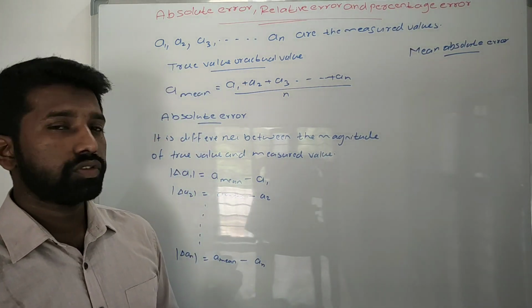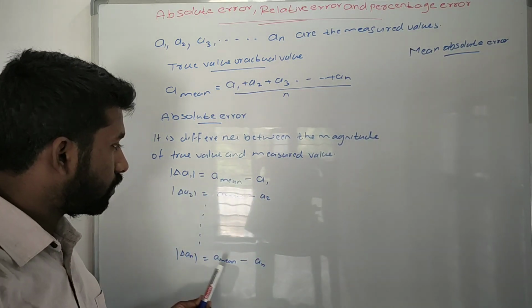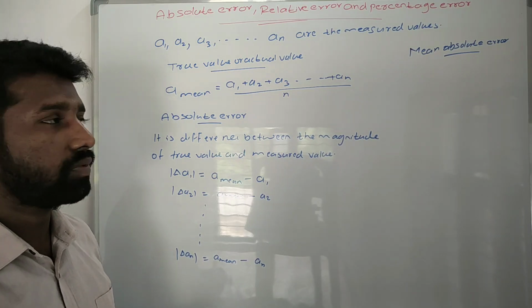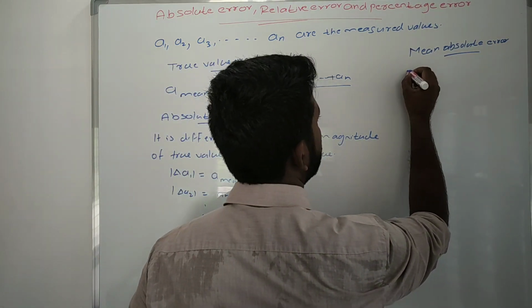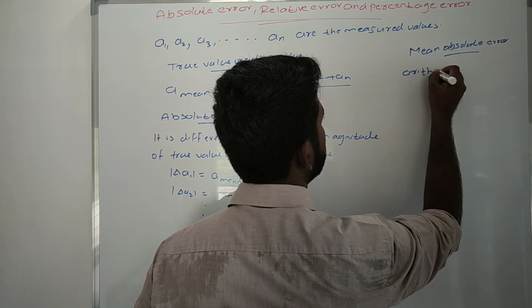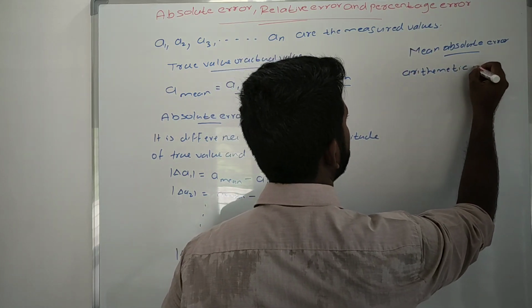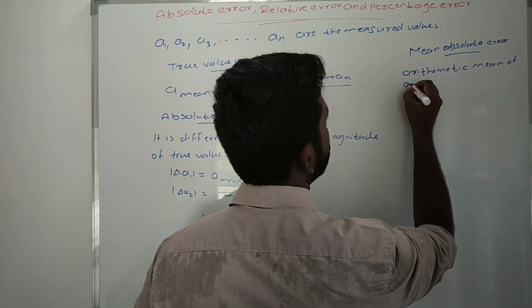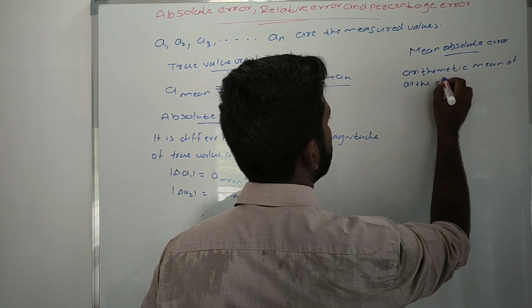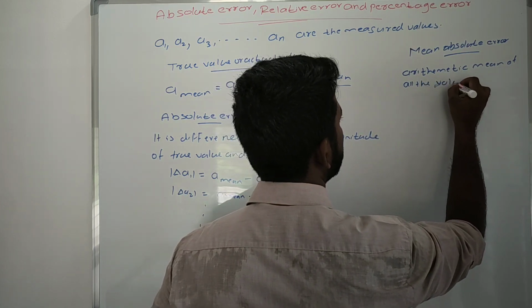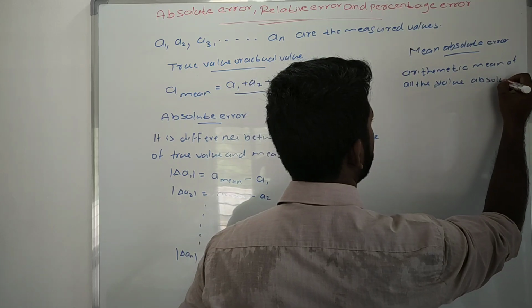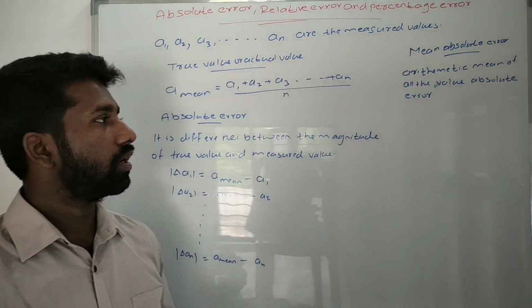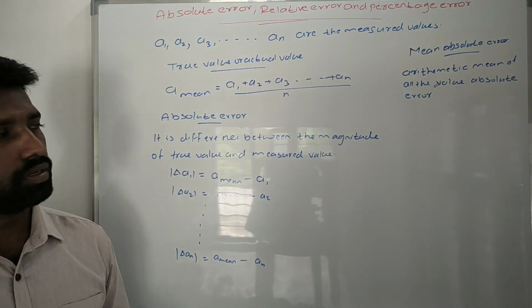How do we find it? We take the arithmetic mean of all the absolute errors.